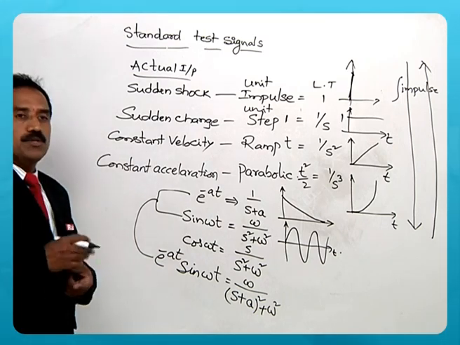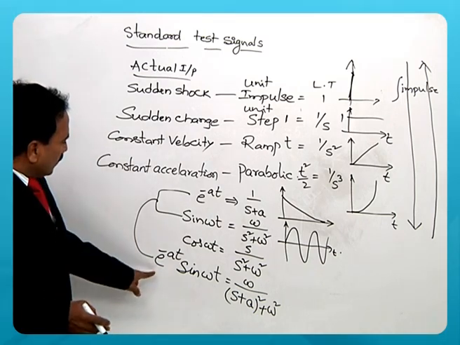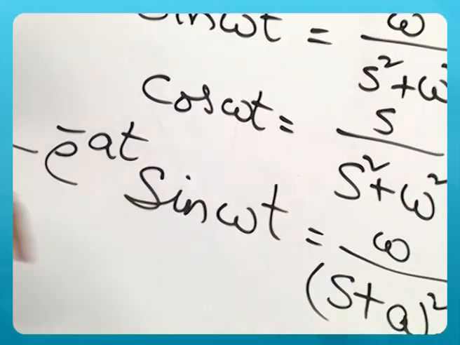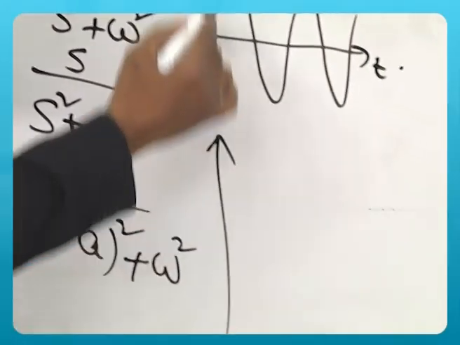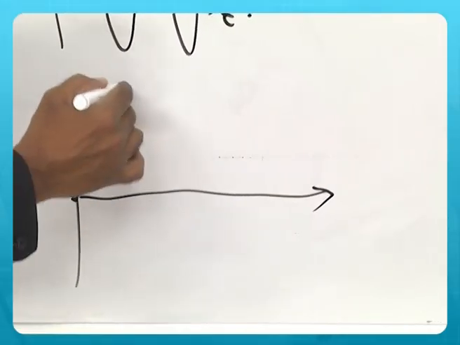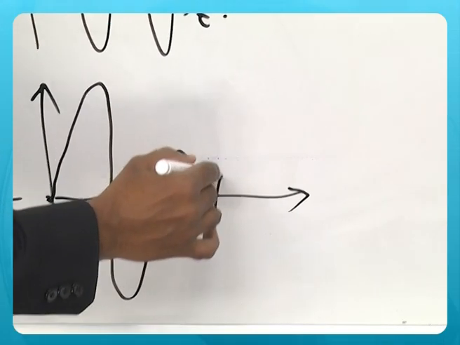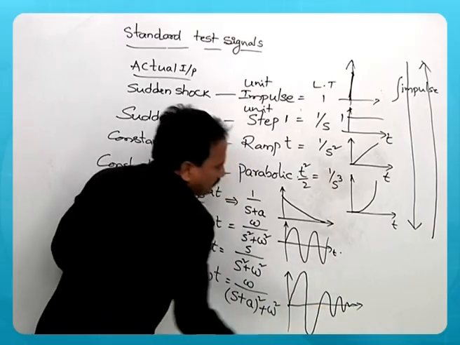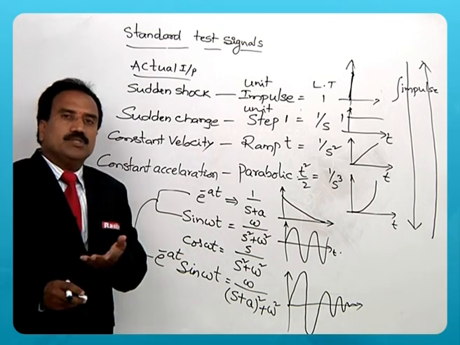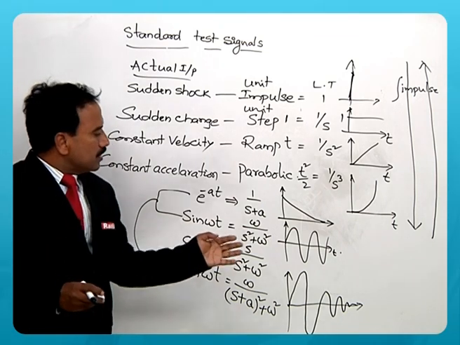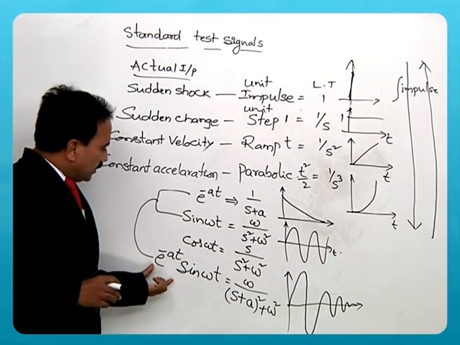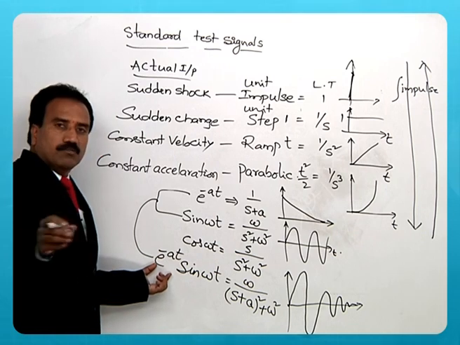What kind of response do you get? You have combined an exponentially decaying signal with a sine signal, so you need to combine these two. So the signal will become like this. This is called a damped sinusoid, because the oscillations are decaying as time approaches infinity, because there is a term e power minus at involved in it.